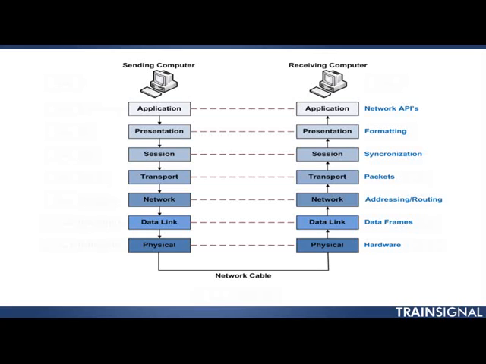When the sending computer has some data to put out there, it passes it down to the application layer of the OSI model, which then gets passed down to the presentation layer, passed down to the session layer, and continued all the way down through the OSI model till it gets to the physical layer. What happens at each of those layers when it's being passed down is each one of those layers adds its own piece of formatting, so to speak, or its own piece of significant information to the data itself.